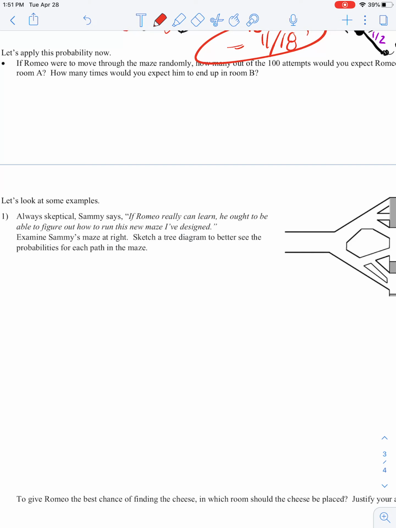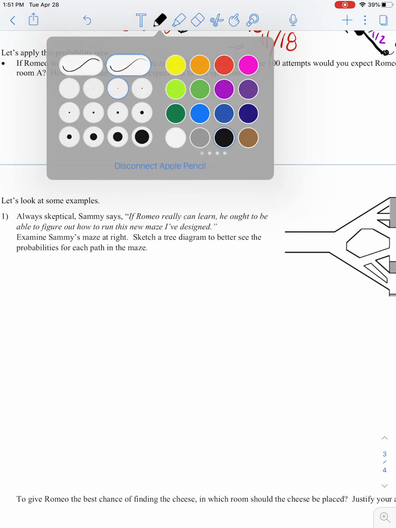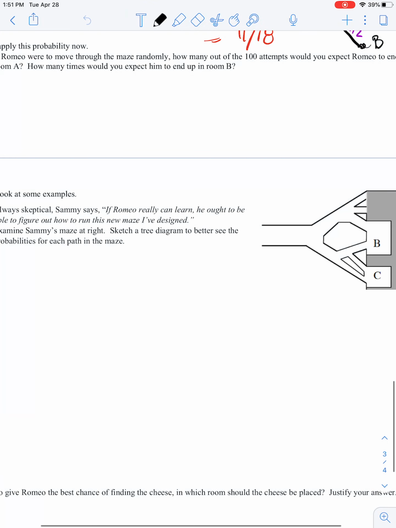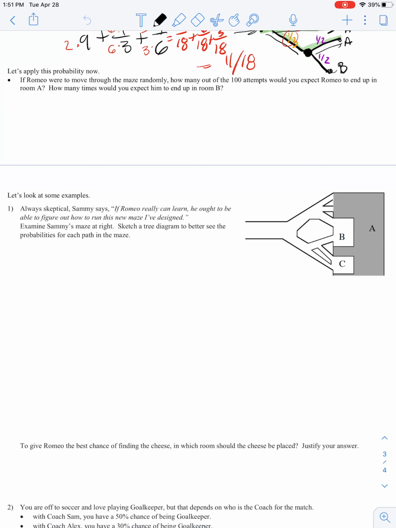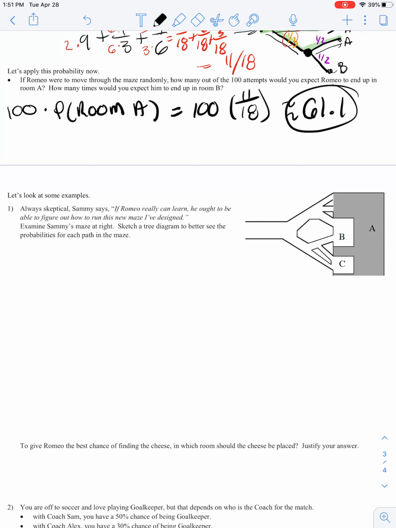Okay, let's apply this probability now. If Romeo were to move through the maze randomly, how many out of 100 attempts would you expect Romeo to end up in room A? How many times would you expect him to end up in room B? So all we're going to do is take 100 times the probability of getting into room A, which is equal to 100 times 11 over 18, which is what we just found, which is approximately 61.1.